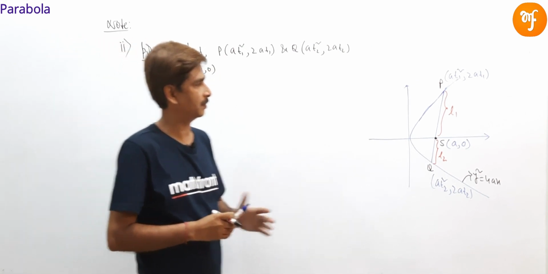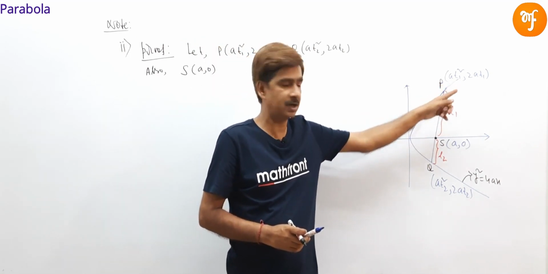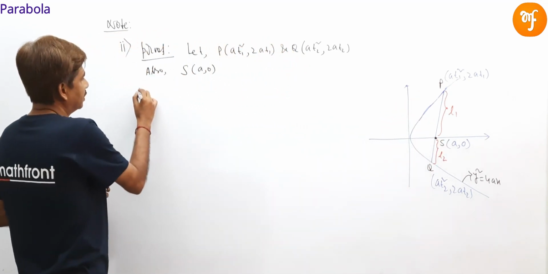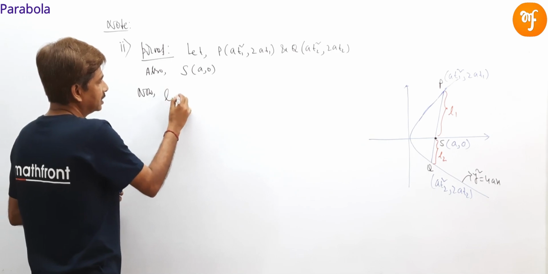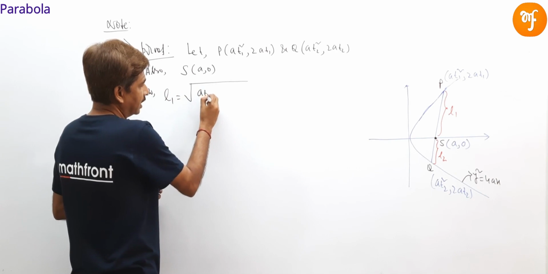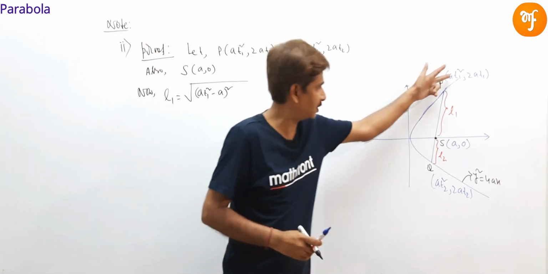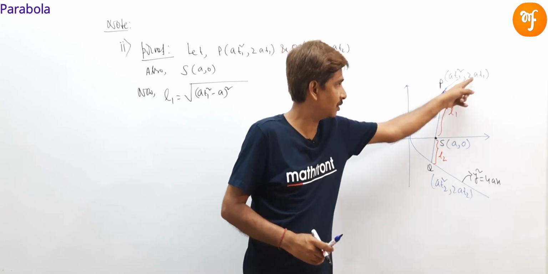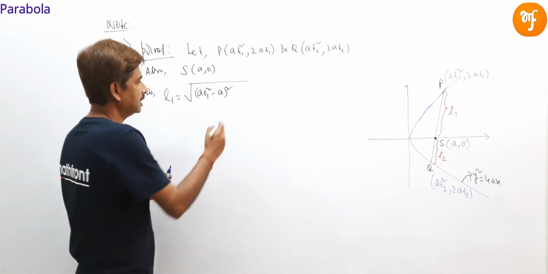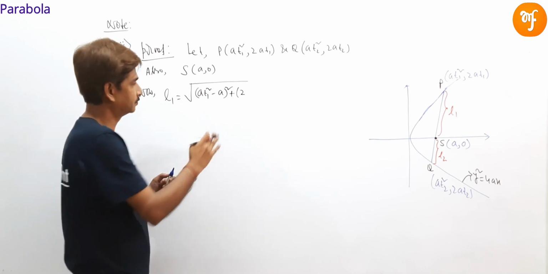Now what is the value of L1? We can apply the distance formula between (at1 square, 2at1) and (a, 0). So finding L1, L1 is equal to square root of (at1 square minus a) whole square plus (2at1 minus 0) whole square, that is x1 minus x2 whole square plus y1 minus y2 whole square, applying the distance formula simply.